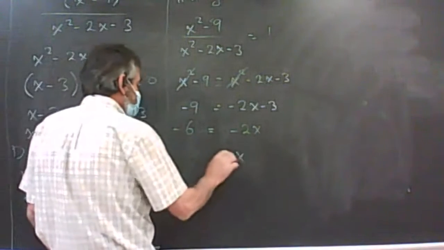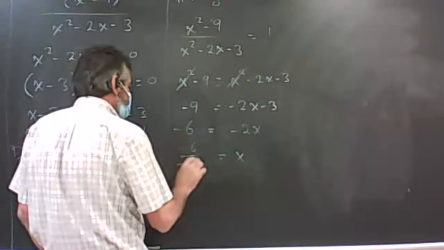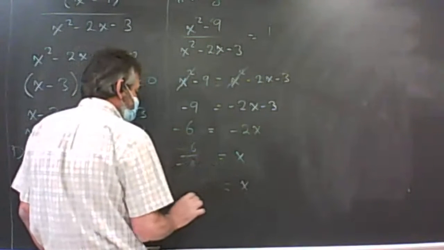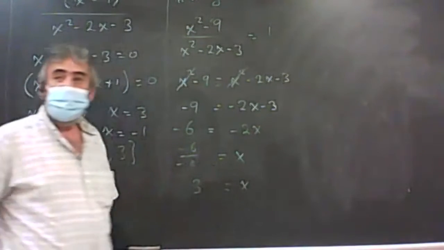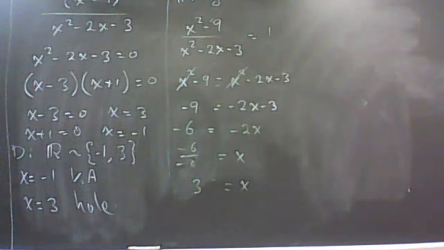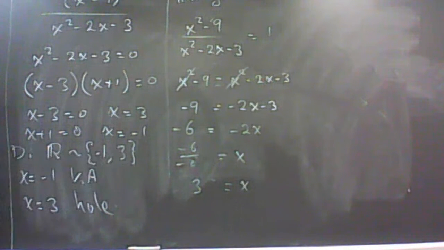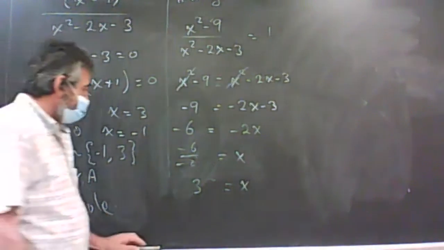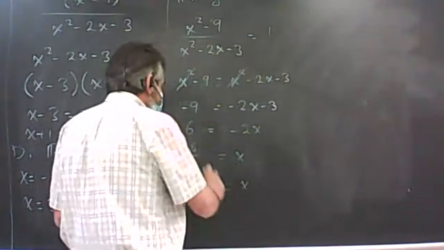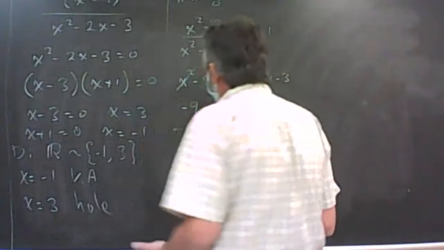Then x equals minus 6 over minus 2, x equals 3, yes? However, what do I know about 3? It's not in the domain. It's not in the domain, that means it doesn't cross. Yeah? So that's not acceptable. So that means it doesn't cross it.